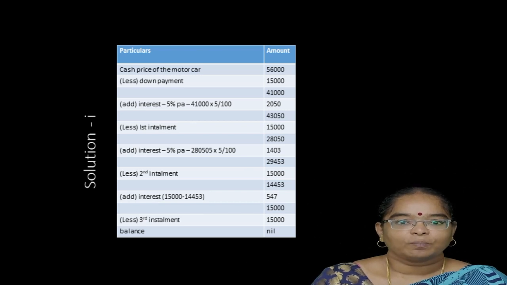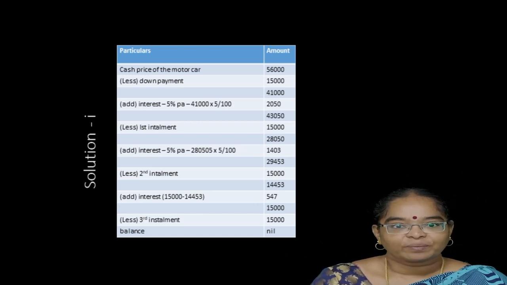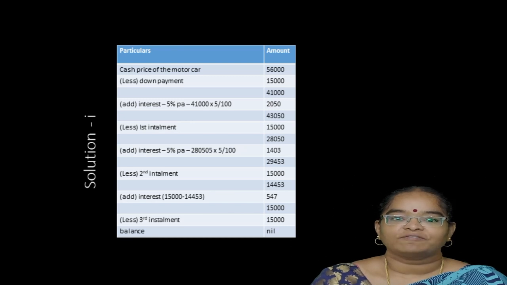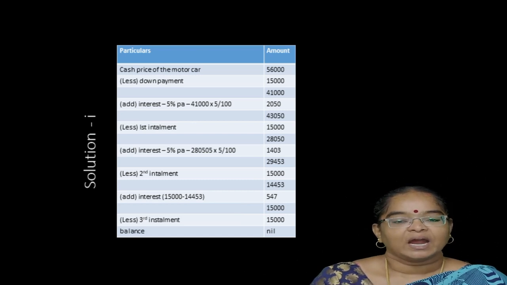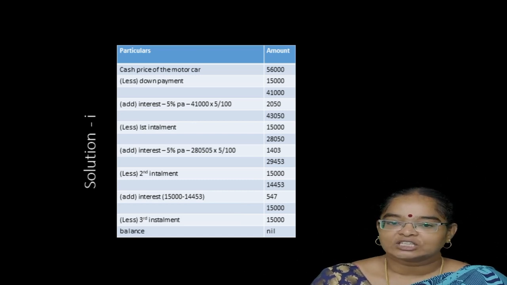So you have to compute interest, 41,000 into 5%. It is 2,050. The interest amount is added and from that you have to subtract the first installment. It is a duty of the hire purchaser to pay interest, so it is added. At the end of the first year, first installment is paid, so it is subtracted.